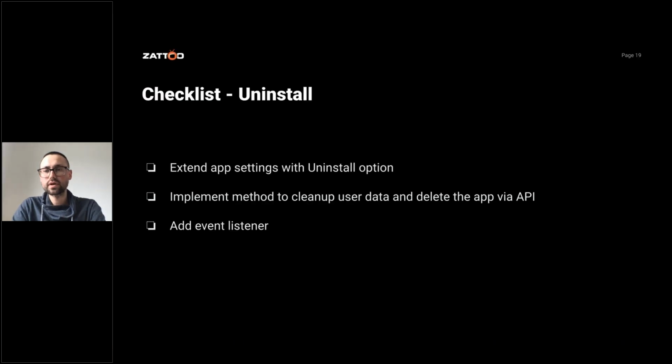We extended our app UI settings with an additional option. Together with that, we implemented a method to clean up all user-specific data, and this can be found again in the reference example of the application.